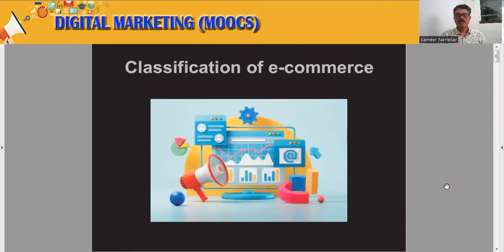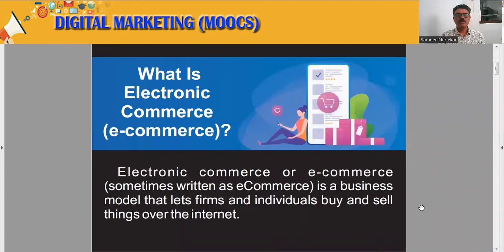Hello students, let's move towards the new topic of the digital marketing subject, that is classification of e-commerce. Before we start this topic, let us try to understand what is e-commerce or electronic commerce.